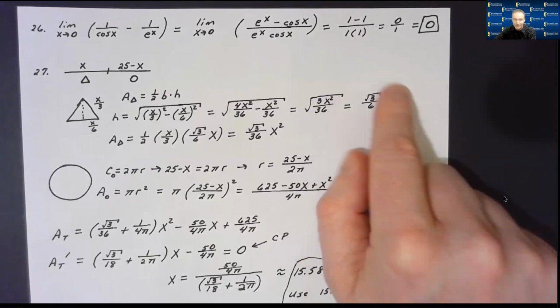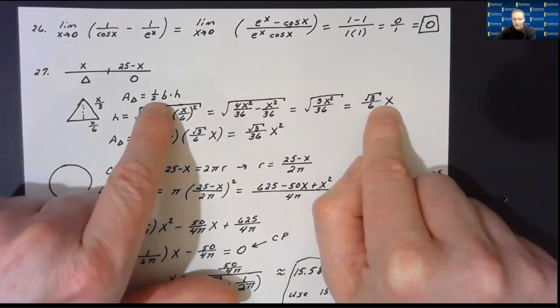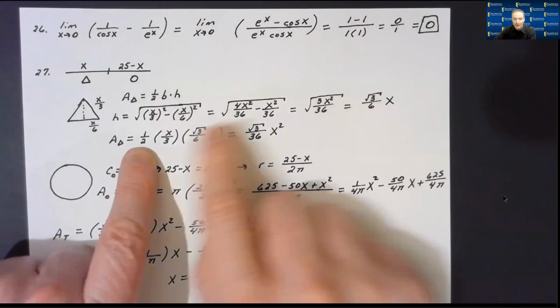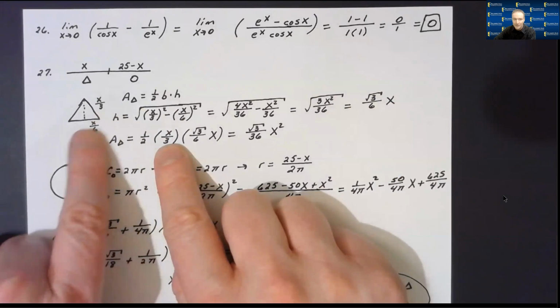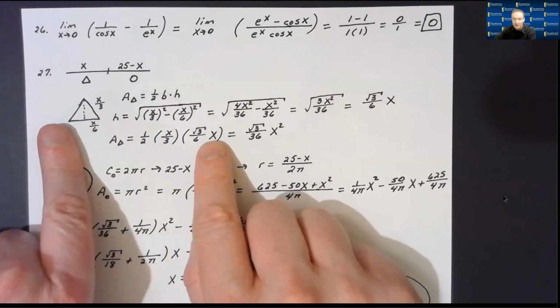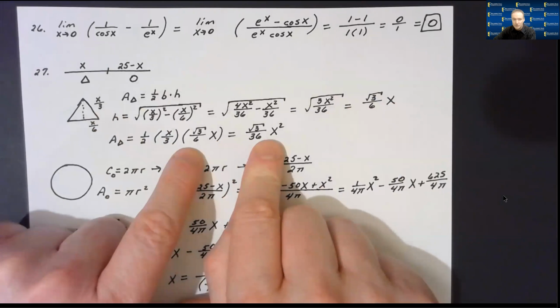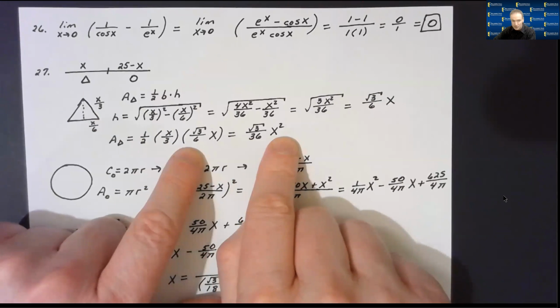That's the most efficient way of writing the height, because now I need to use that height back in my area formula. I know that the area is 1/2 base times the height. Well, 1/2 the base, any of the sides could be the base, it's x over 3, times the height, the square root of 3 over 6 times x. That's giving me the area of the triangle equal to the square root of 3 over 36 x squared.